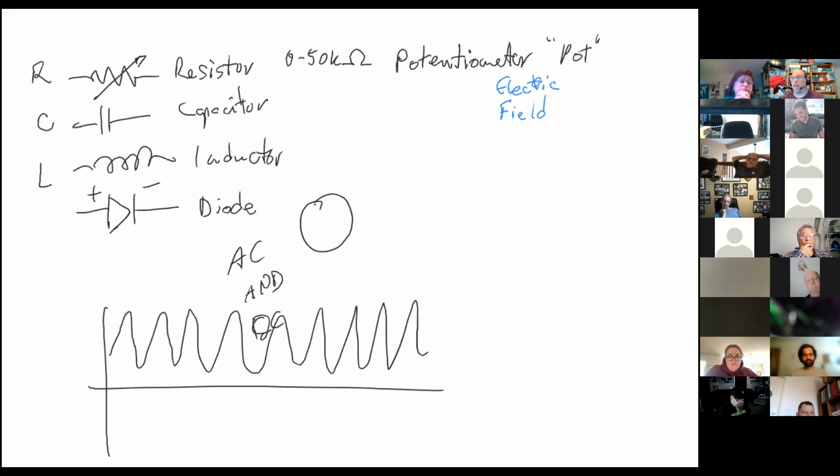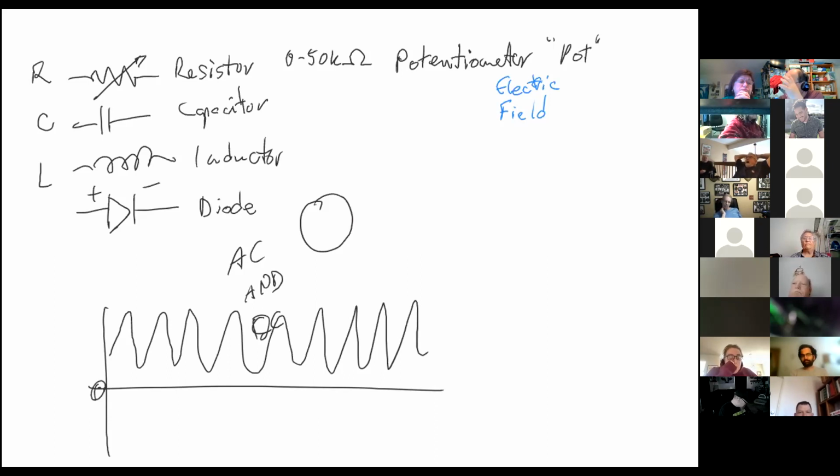Okay, so this is AC, right? It's bouncing up and down, back and forth, but does it ever change direction? It's always above zero, isn't it? It's just a different amount above zero.